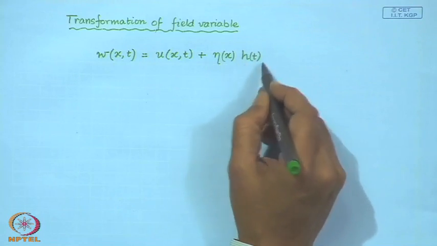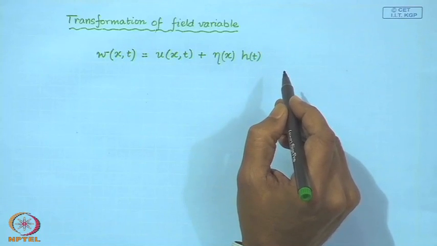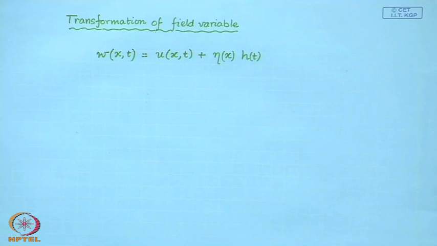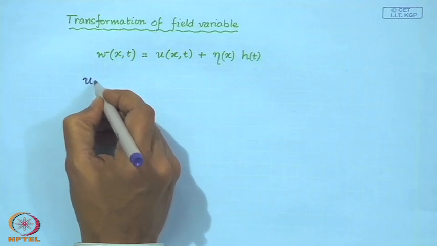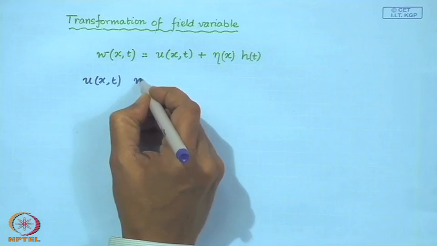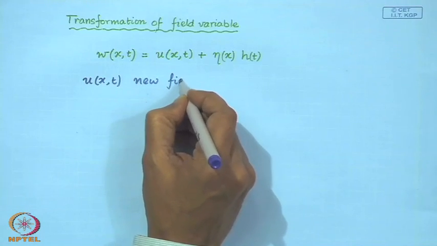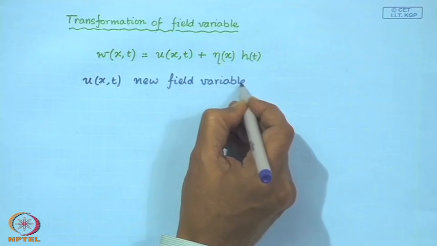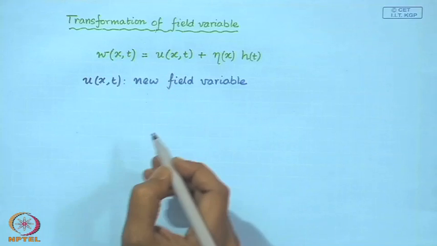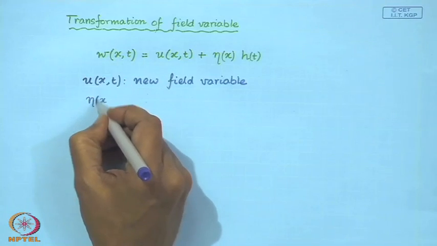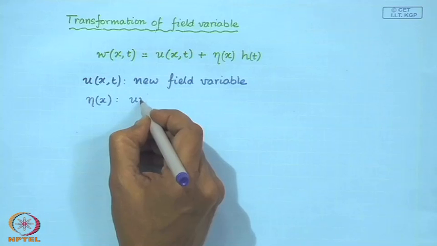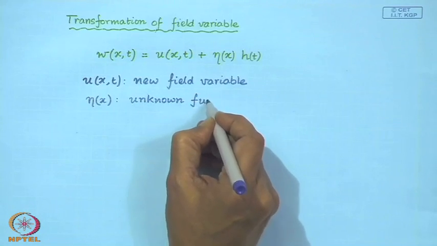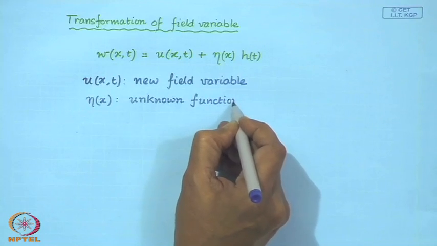This was the motion of the boundary, the given motion of the boundary. So, here u is the new field variable, and eta is an unknown function, which we will find out.